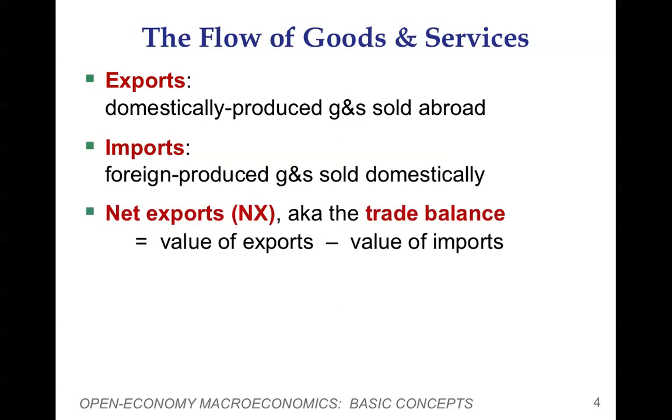Net exports, or the trade balance, are the value of exports minus the value of imports. Oftentimes we like to look at the relationship of exports to imports as net exports. If you remember, that is the last part of the national income identity, which is Y equals C plus I plus G plus net exports.